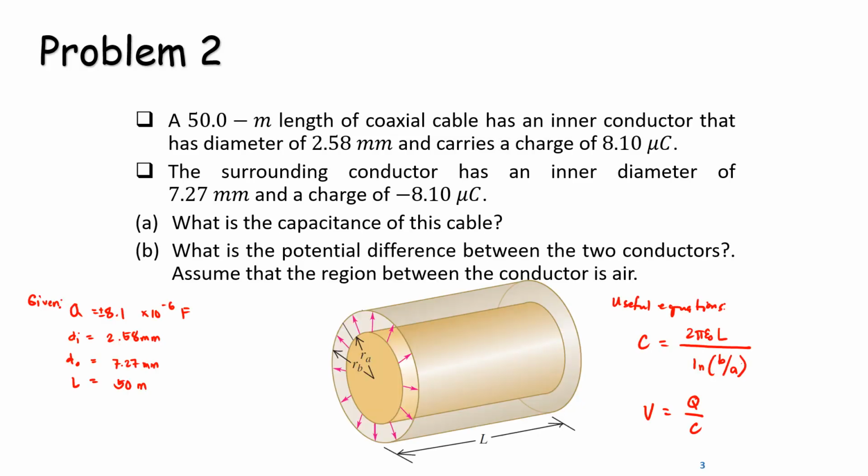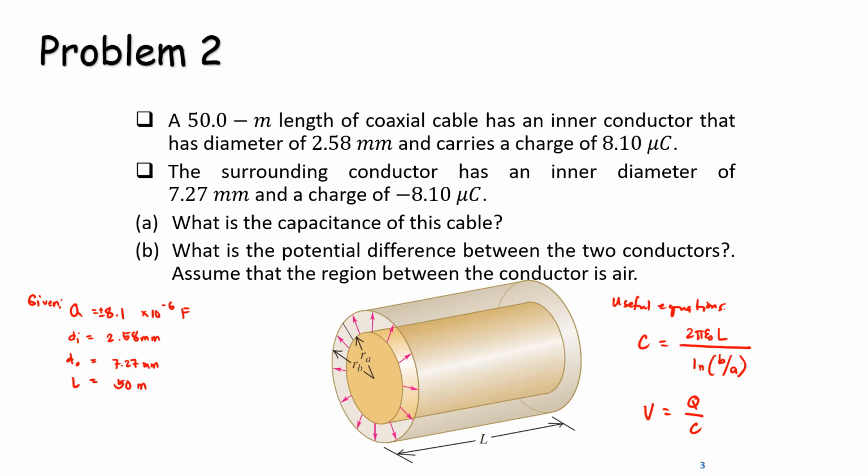Now, take note that we are given the diameter of the inner and the outer cylinder. But in the equation, we should use radius. However, it would be okay for us to use the values of the diameter instead of the radius, because this is division, or if we take the ratio of the outer radius and the inner radius, it is the same as if we take the ratio of the outer diameter and the inner diameter.